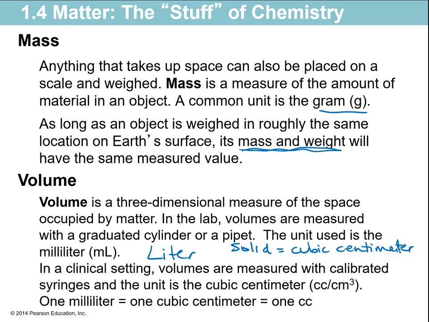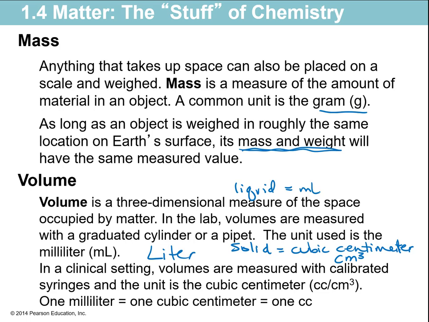When you multiply length times width times height in centimeters, centimeters times centimeters times centimeters gives you centimeters cubed. That's where cubic centimeters came about, written cm with a little 3. Liquids, on the other hand, are typically measured in milliliters. So solids are usually cubic centimeters, and liquids are commonly milliliters.